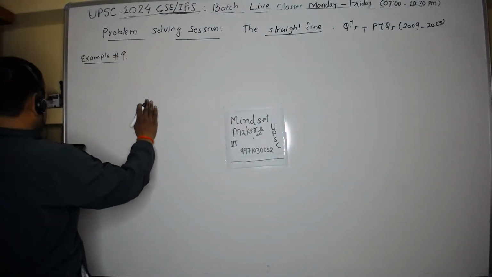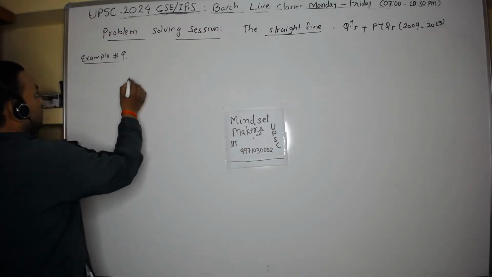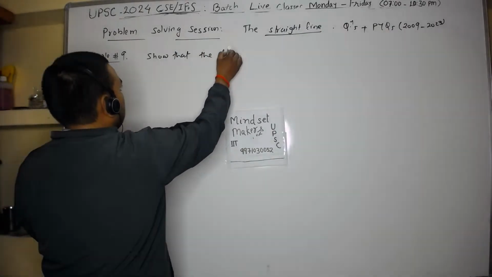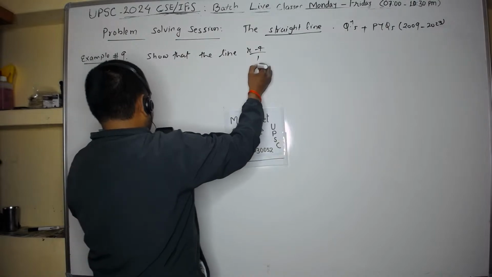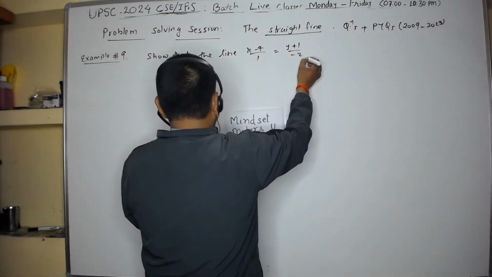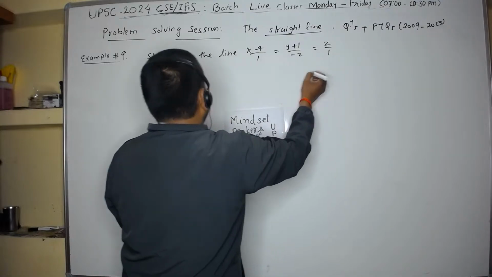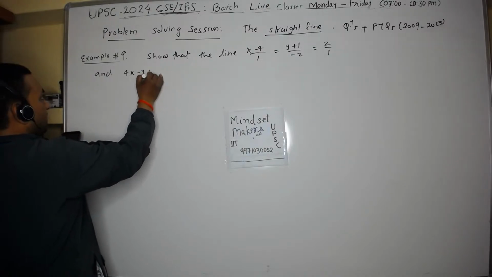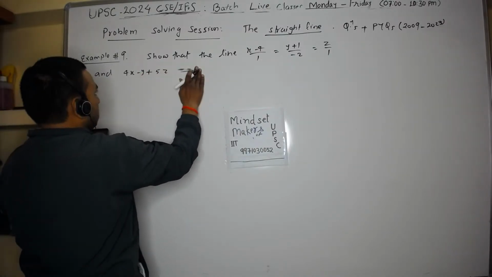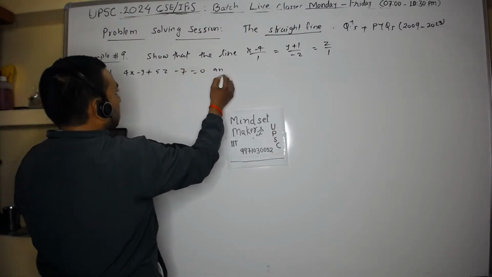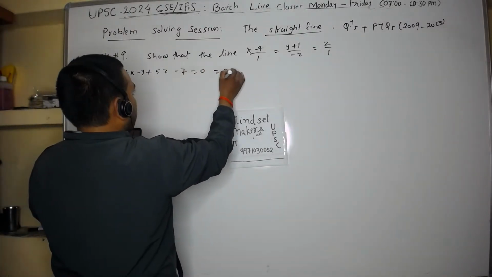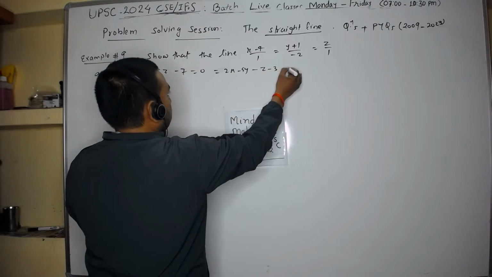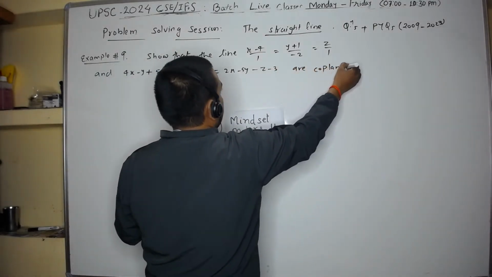So let's have the next example now. Show that the line (x minus 4) upon 1 ... and, for the other line, two planes are given: 4x minus y plus 5z minus 7 and 2x minus 5y minus z minus 3, are coplanar.